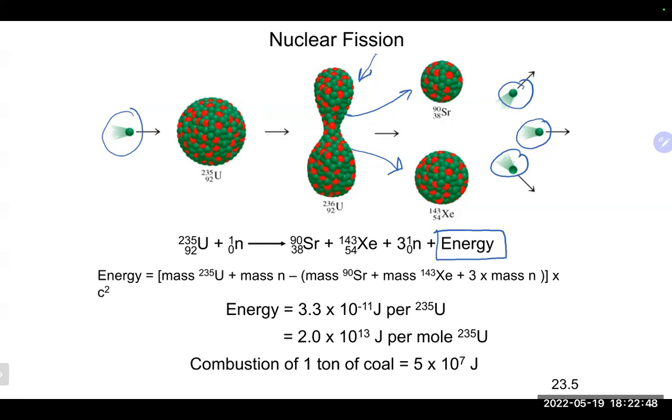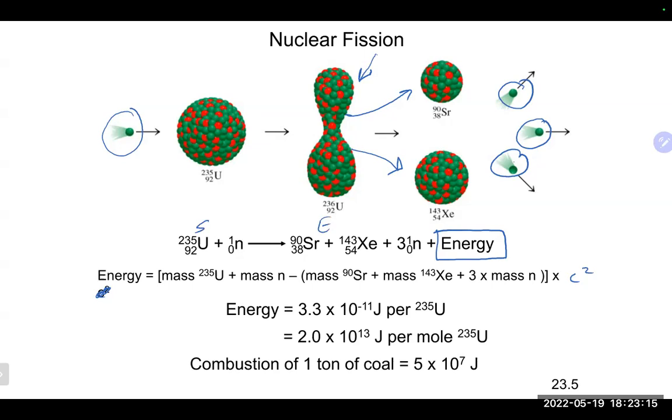We can figure out the energy by taking the mass defect times Einstein's equation, c squared. This equals mc squared. In this case, we're taking the difference between the mass of what we started with and the mass of what we ended with. That's the difference between where we ended and where we started.